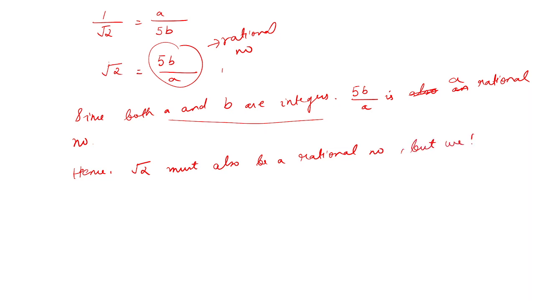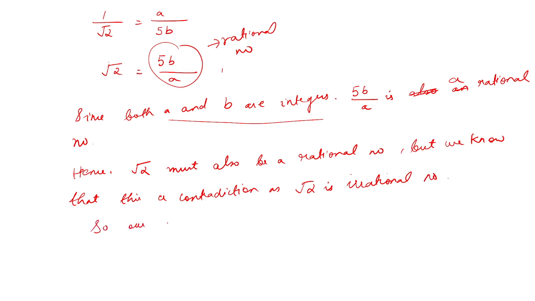This is a contradiction, as root 2 is an irrational number. Hence, our assumption is wrong.